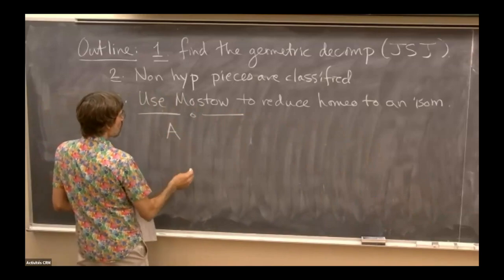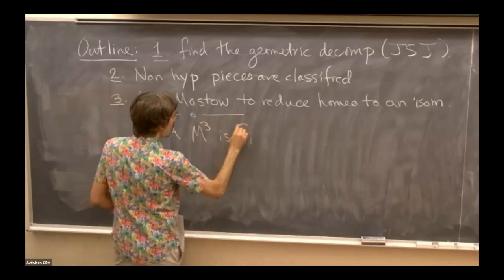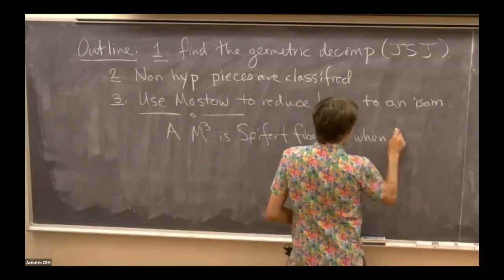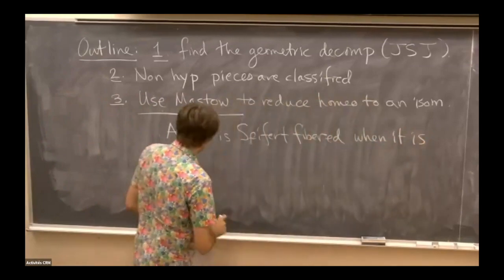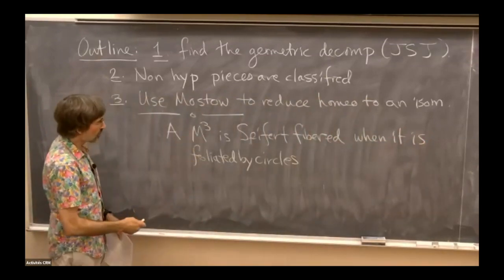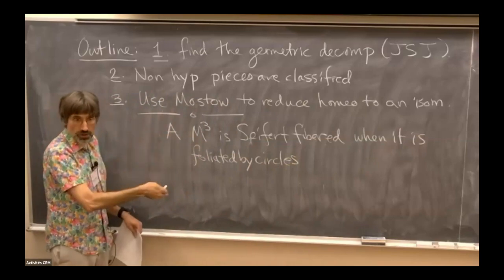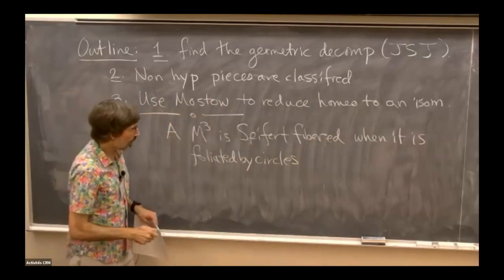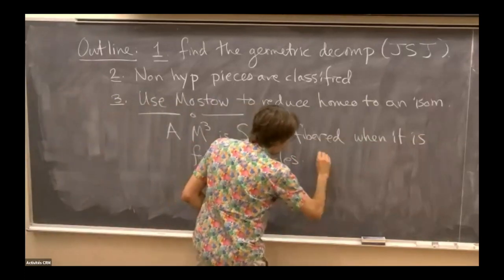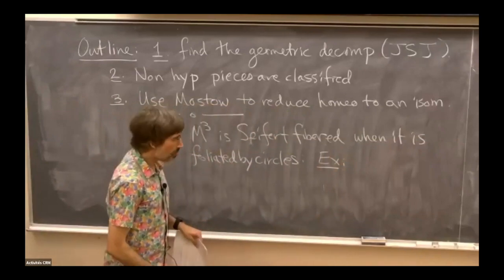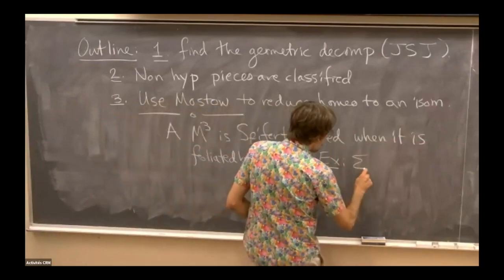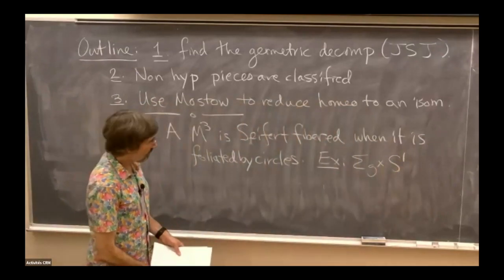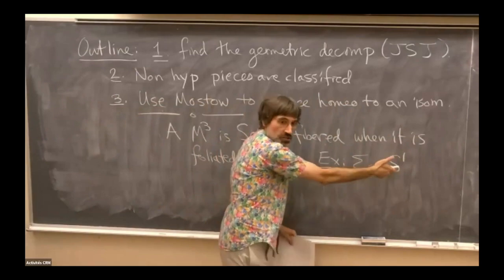A three-manifold is Seifert-fibered when it is foliated by circles. So we've partitioned the manifold into a bunch of circles, which locally, on a small scale, just look like a little stack of spaghetti. We need examples. The basic example would be to take a surface cross a circle, because then we can foliate this by points cross circle.